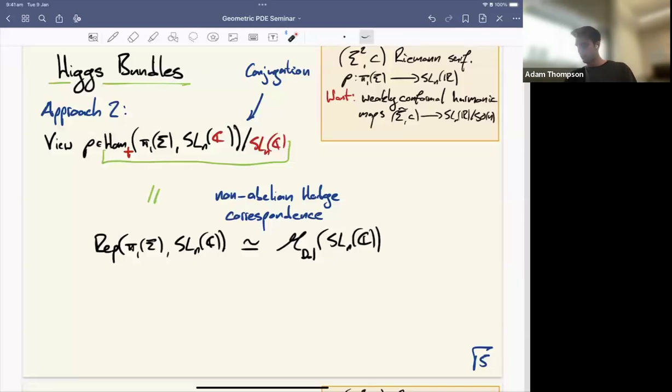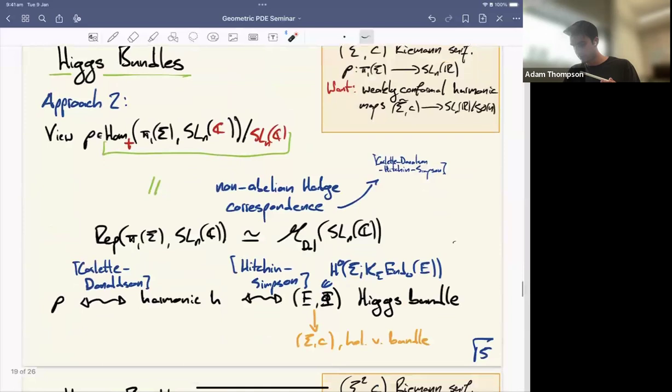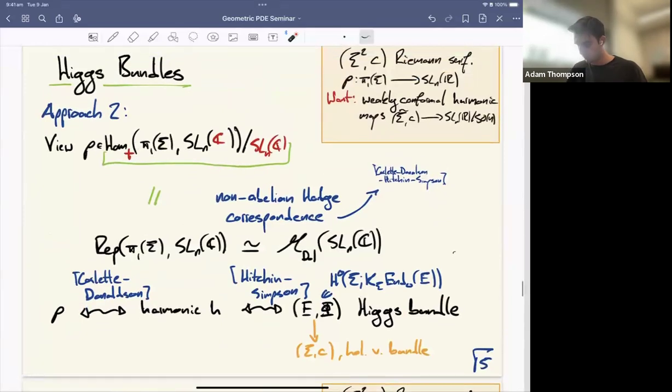Okay, and so our approach is to try to utilize this correspondence to see if knowing something on the Higgs bundle side can help us identify when these harmonic maps are also weakly conformal. The way this works is you can view the correspondence like this.